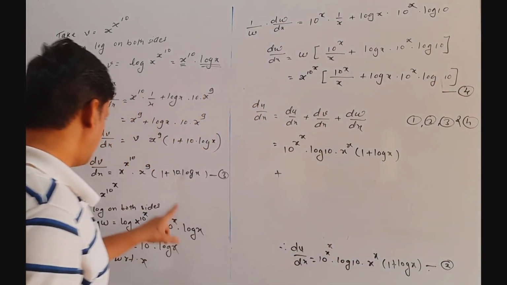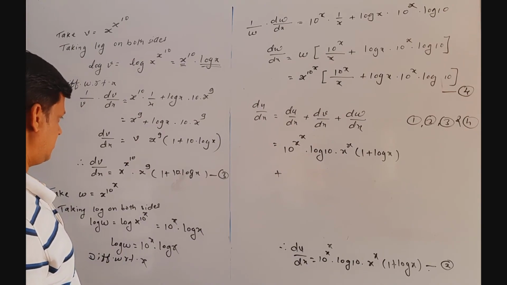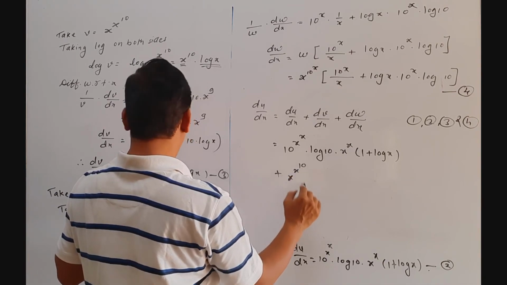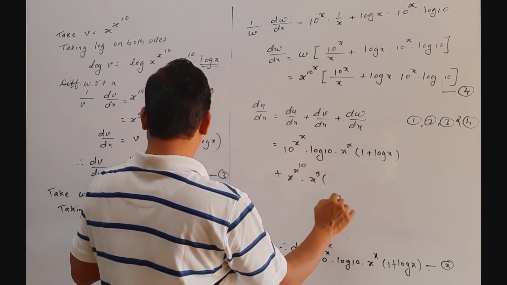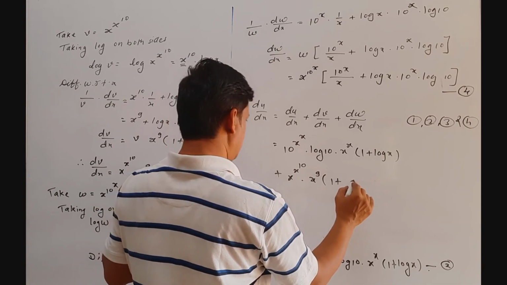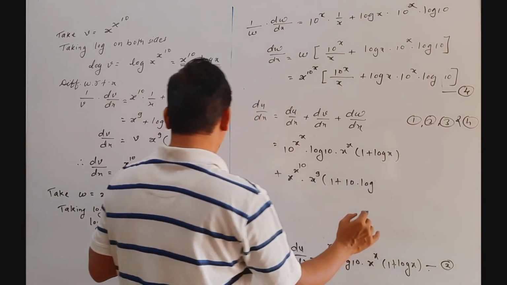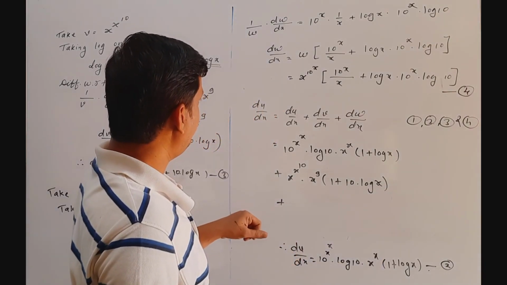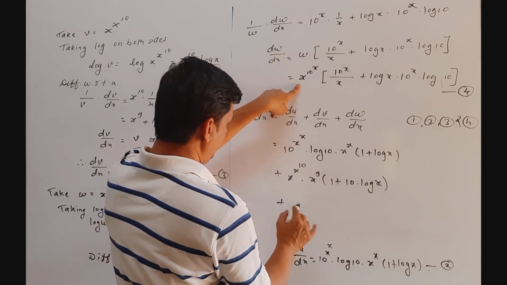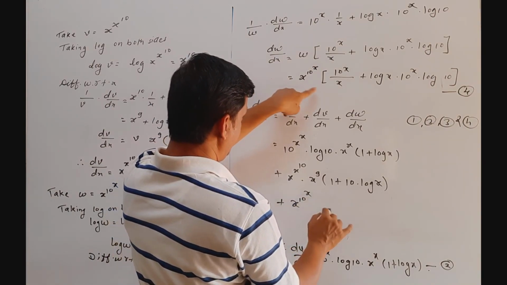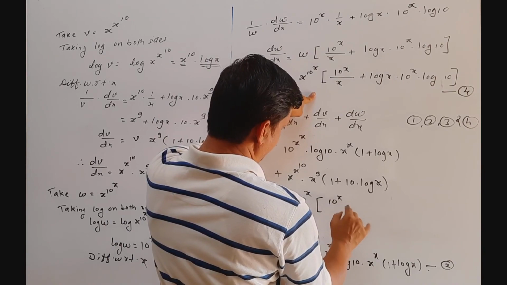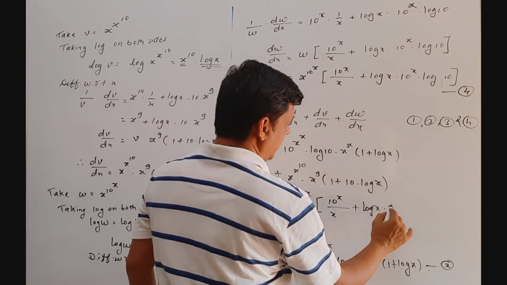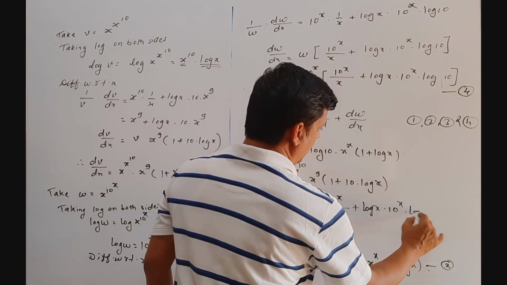dv by dx from equation number 3rd. So x raised to the power 10 into x raised to the power 9 in the bracket 1 plus 10 into log x, plus the derivative of w from equation 4, x raised to the power 10 raised to the power x in the bracket 10 raised to the power x upon x plus log x into 10 raised to the power x into log 10.